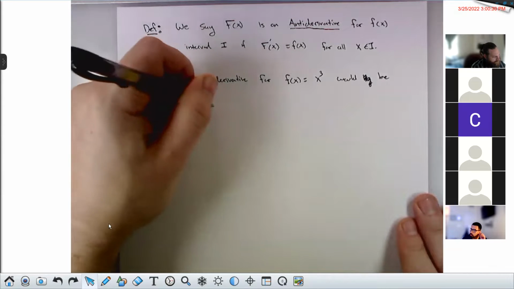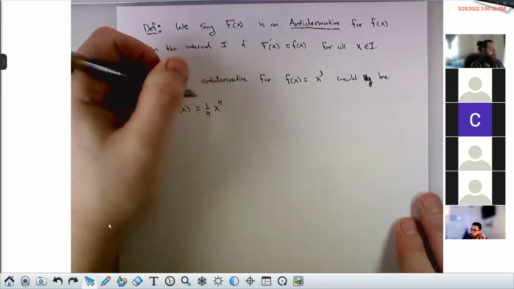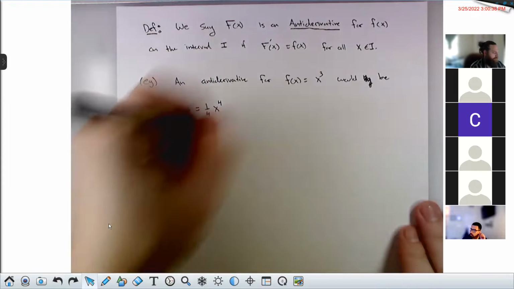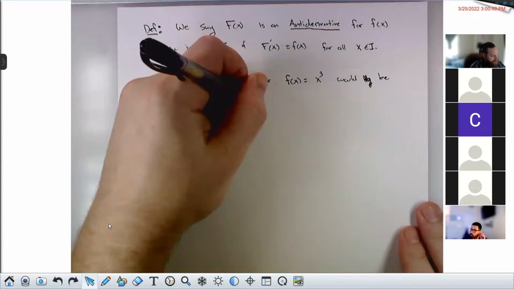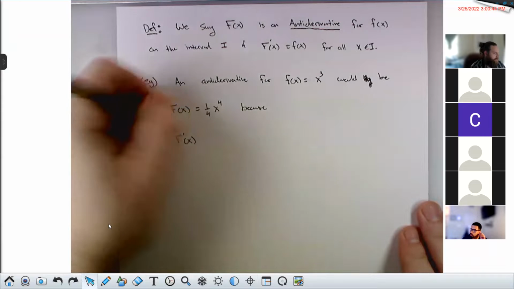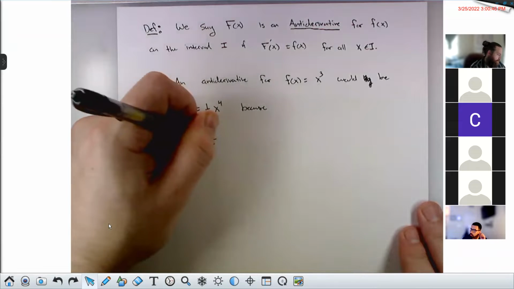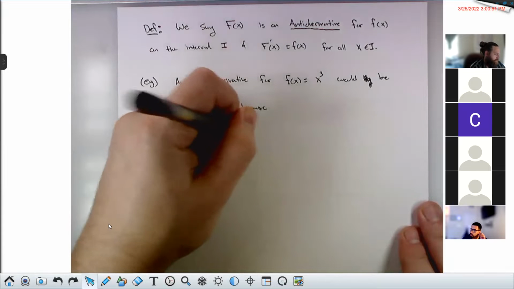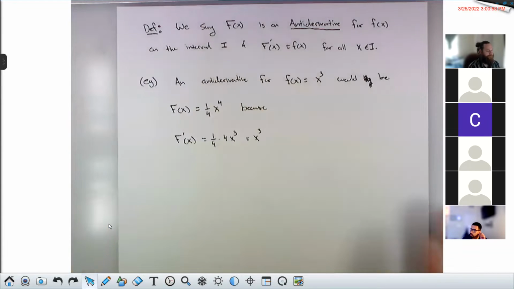How about this guy? Because if I differentiate 1/4 x to the 4, I get 1/4 times 4x cubed, which is just x cubed, which is little f.